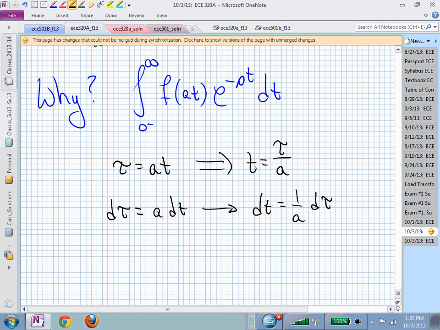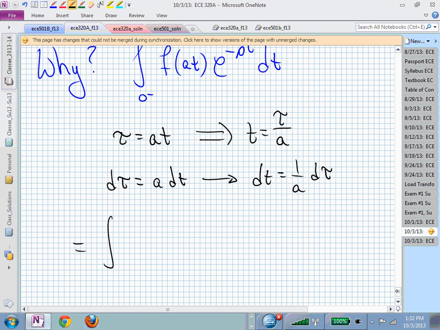If we use those, and now if I integrate from t equals 0 minus, where's tau starting? If t is 0, what's tau? 0. If t is infinity, what's tau? a was positive. That's infinity also. So we haven't changed the limits of integration.